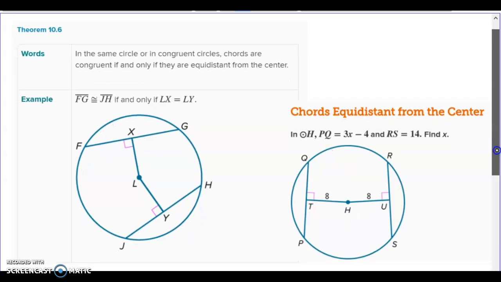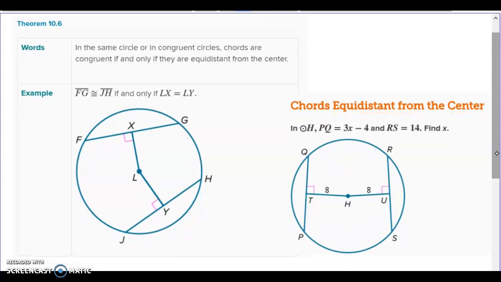All right, one more theorem here on our chords. This one says, in the same circle or in congruent circles, chords are congruent if and only if they are equidistant from the center.